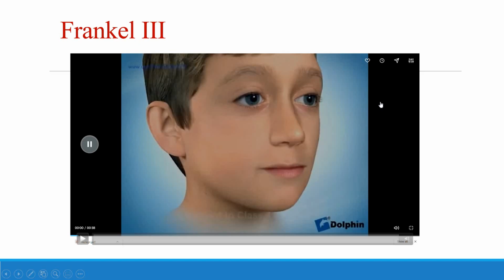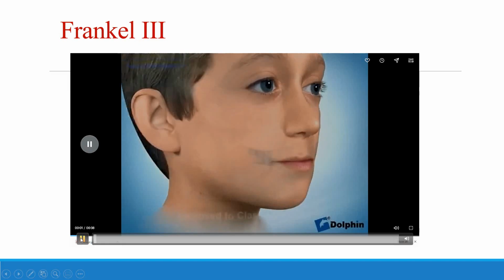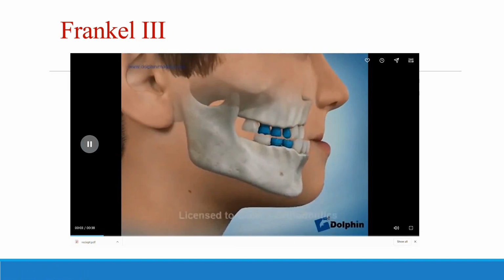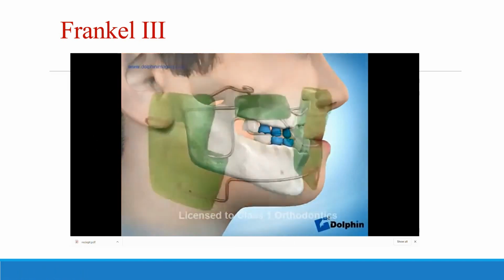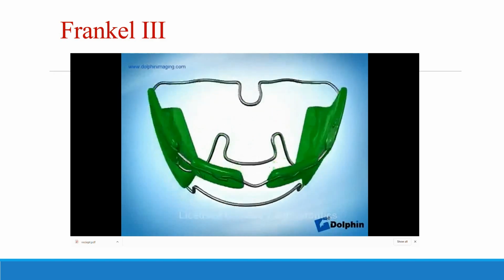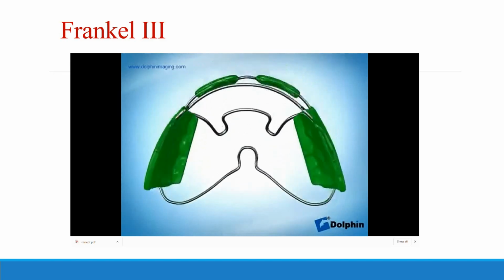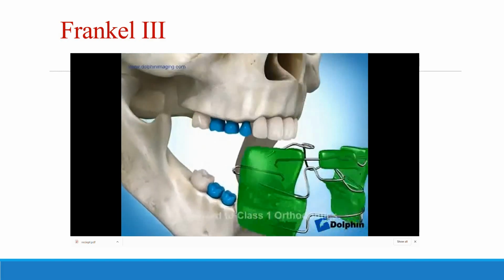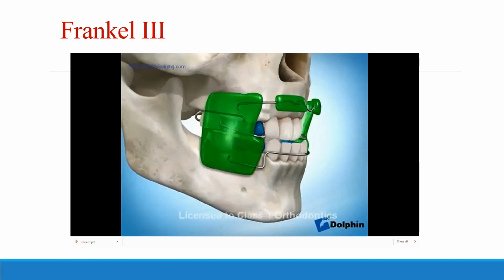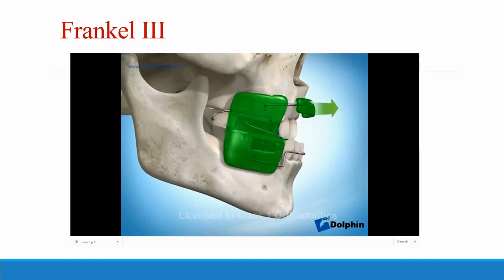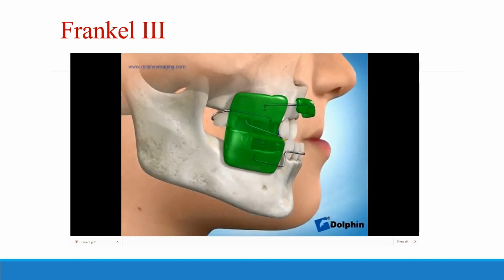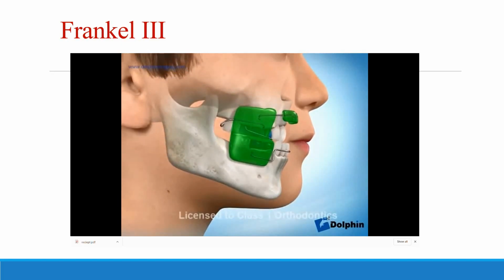Frankel 3 appliance is composed of a system of oral screens which lie in the vestibule of the mouth, free of direct contact with the dentoalveolar systems. As described by Dr. Frankel, the action of the appliance is to influence arch development by changing the pressure created by surrounding soft tissue.